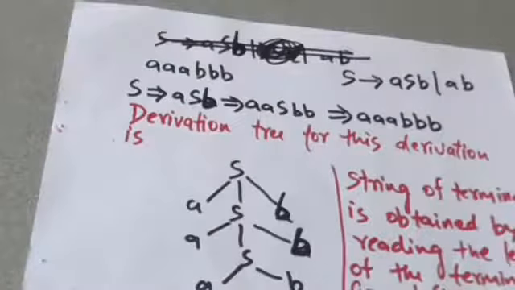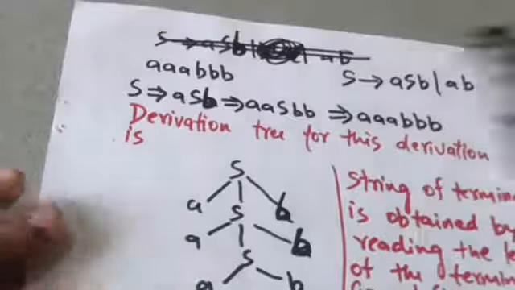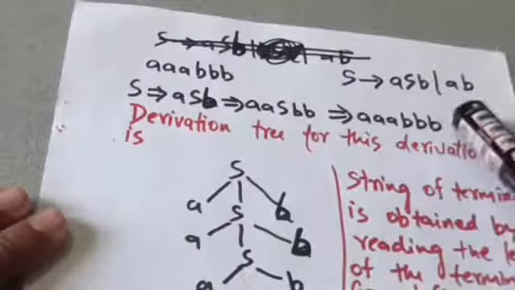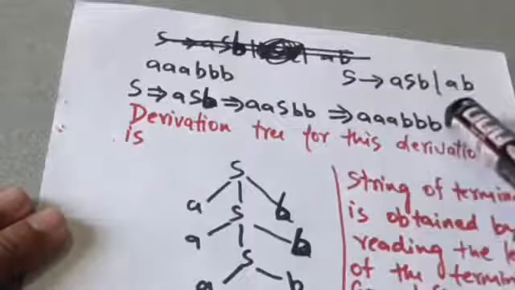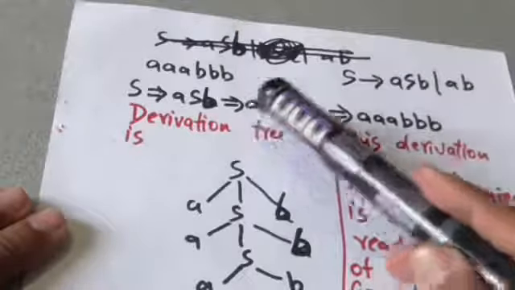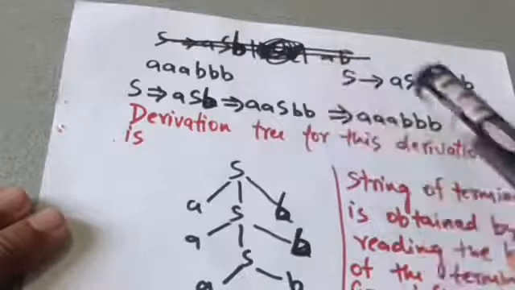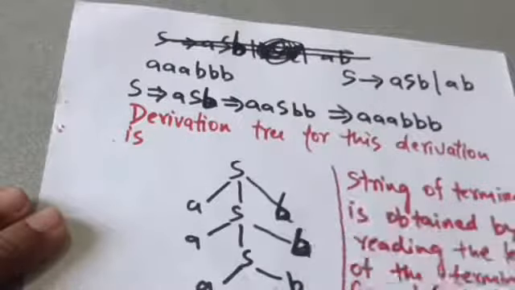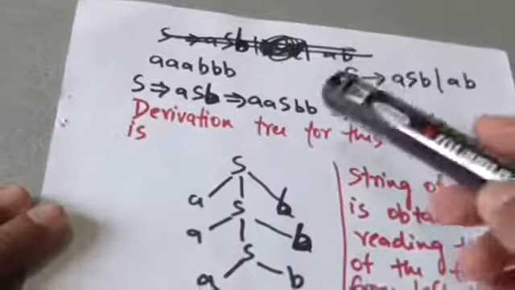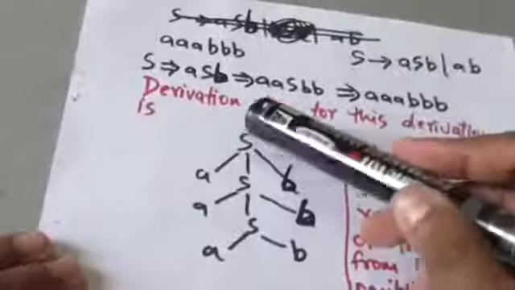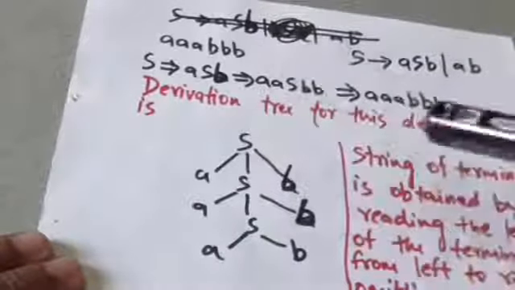As I have already told, derivation trees or parse trees are used to show derivation of strings of terminals from start symbol S. So this derivation can be represented by a derivation tree or a parse tree. Root must be labeled by S, right?